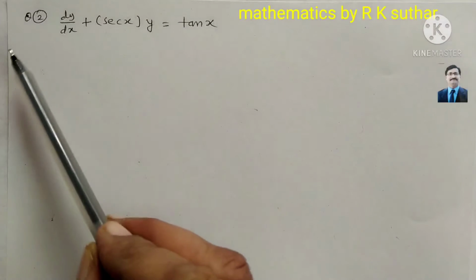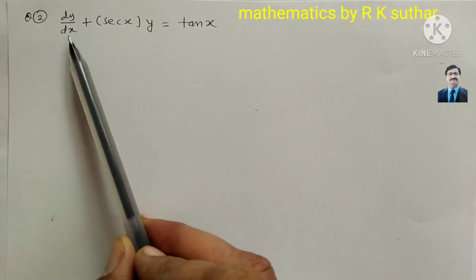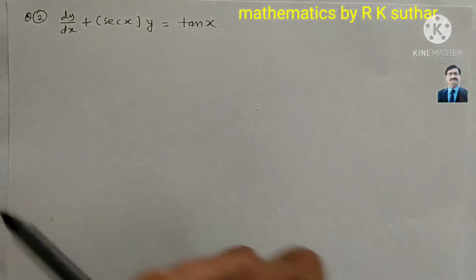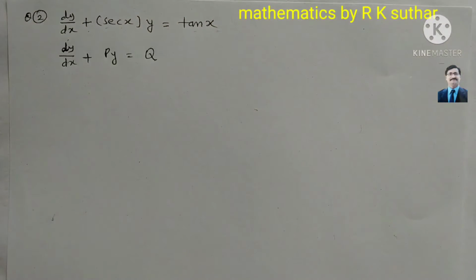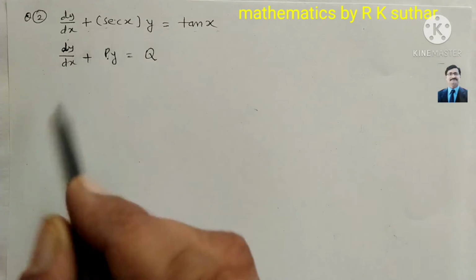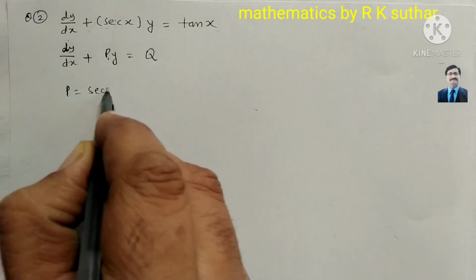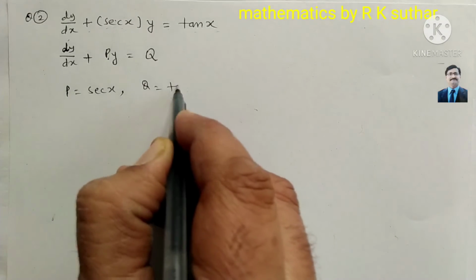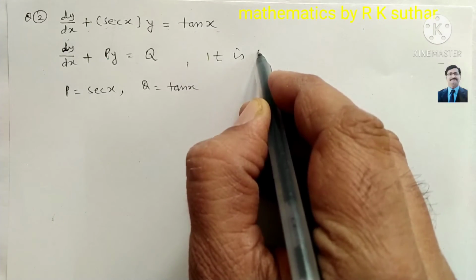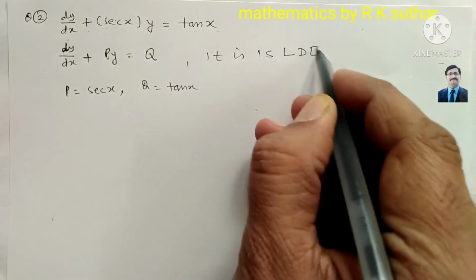Look here, one question we have to solve: dy/dx + sec x y = tan x. If we compare with dy/dx + Py = Q, we get P equal to sec x and Q equal to tan x, and we can write that it is a linear differential equation.